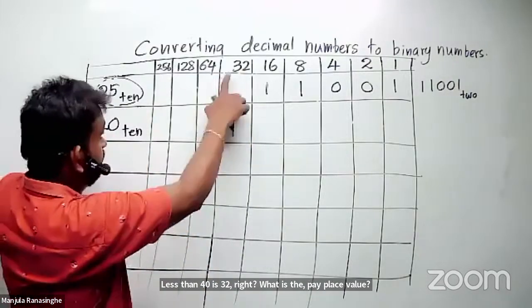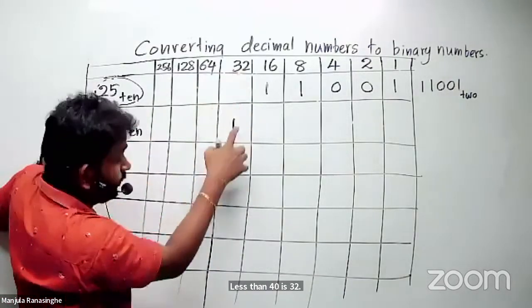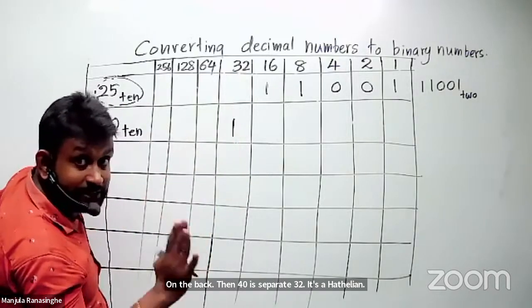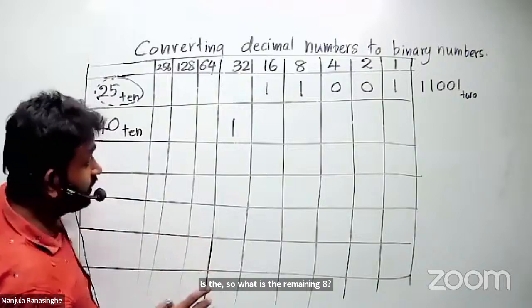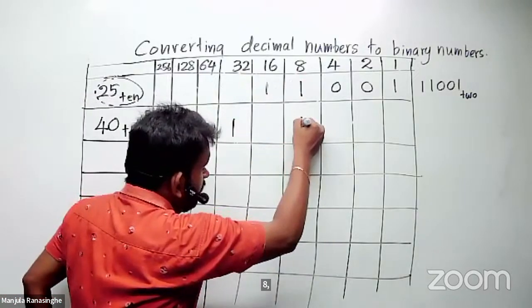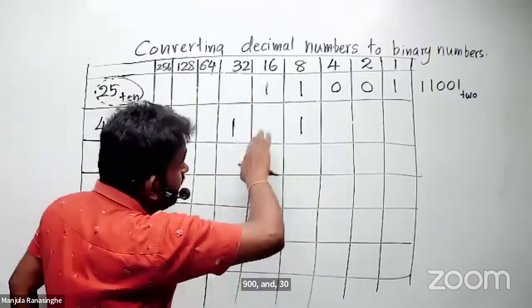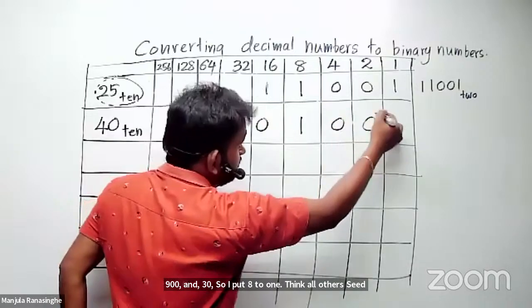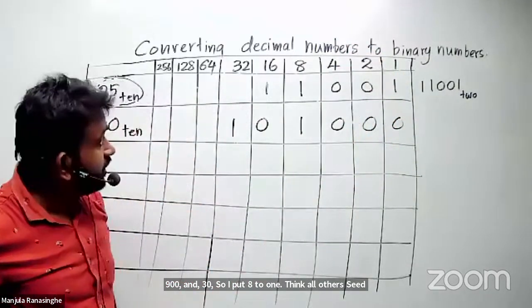Then 40 subtract 32, what is the remaining? 8. We put 1 for 8, and all others are 0. Understood, everyone?